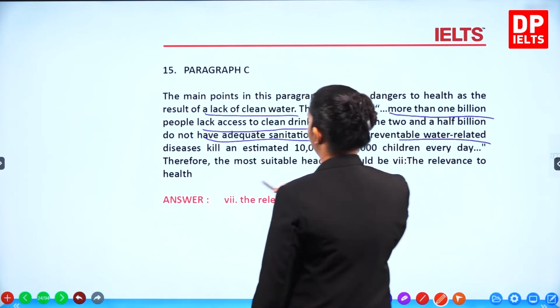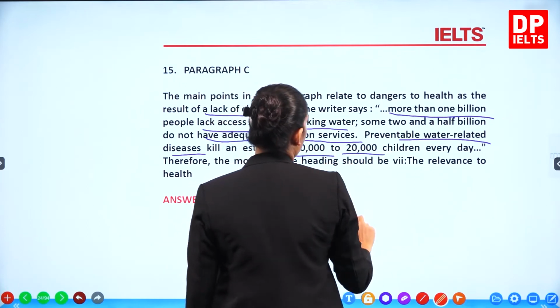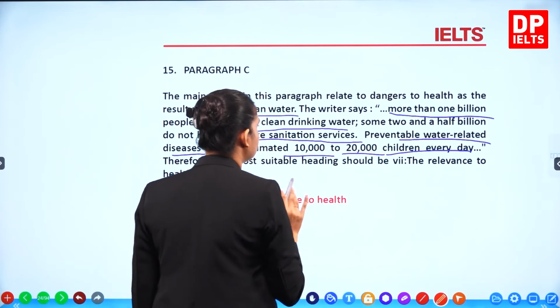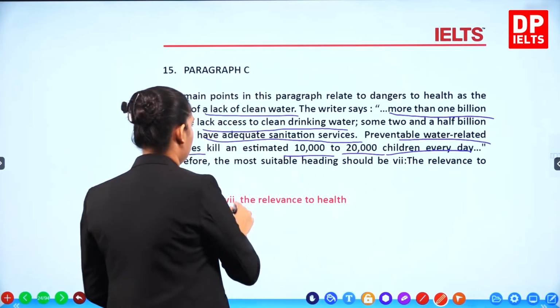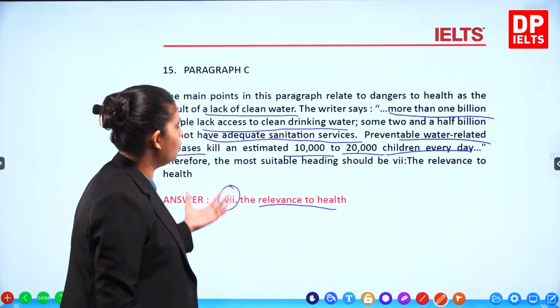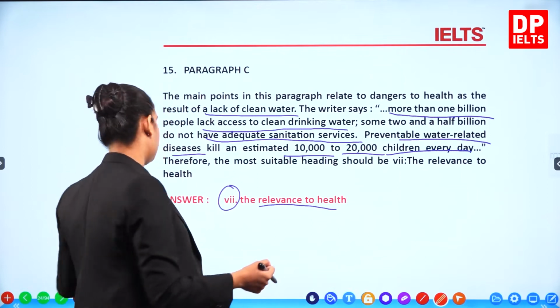Preventable water-related diseases kill an estimated 10,000 to 20,000 children every day. Therefore, the most suitable heading should be 7, the relevance of health, because it talks about how drinking water affects diseases. So it should be definitely health.